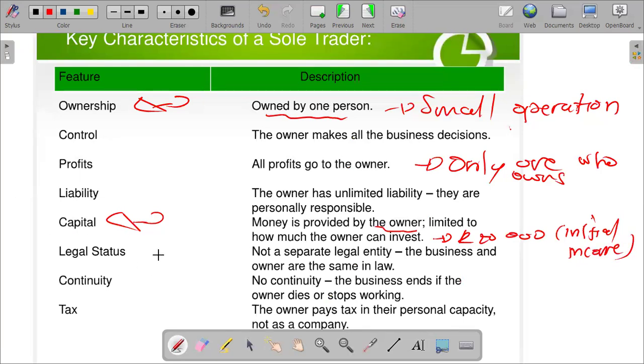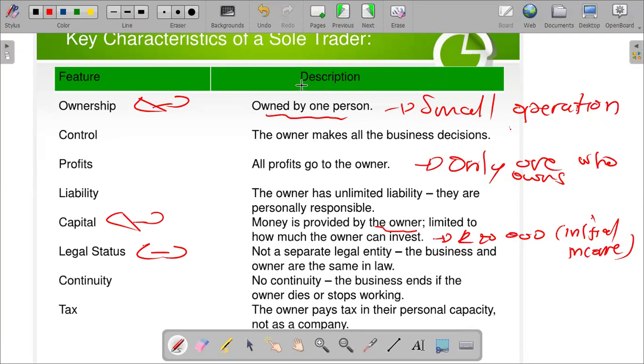All right. And then moving on to legal status. This is not a separate legal entity. Remember, we talked about separate legal entity where the business's legal duties are not for or by the owners. So legal and not separate. You need to understand the difference between the two, as I explained in the previous slides.